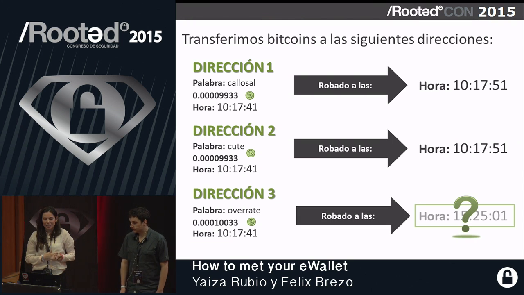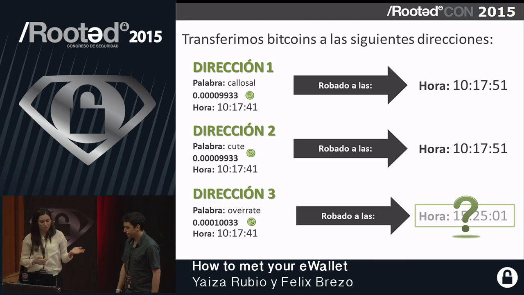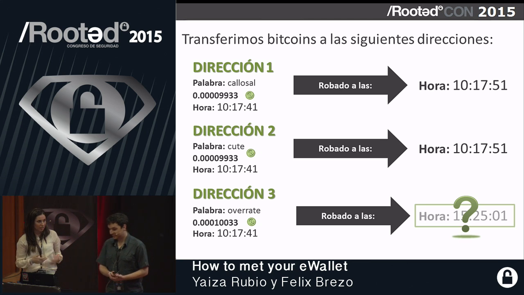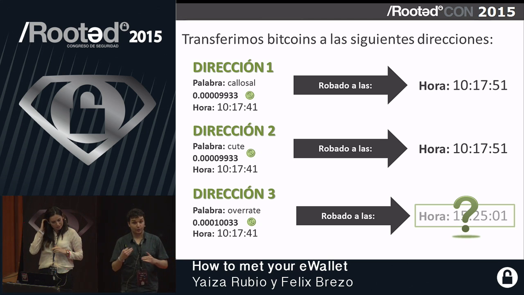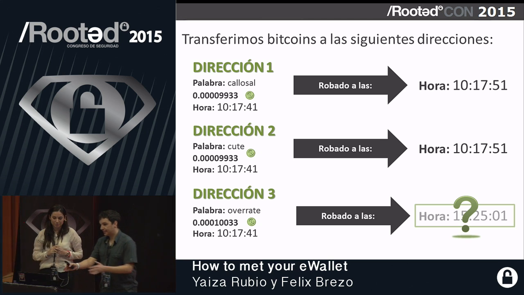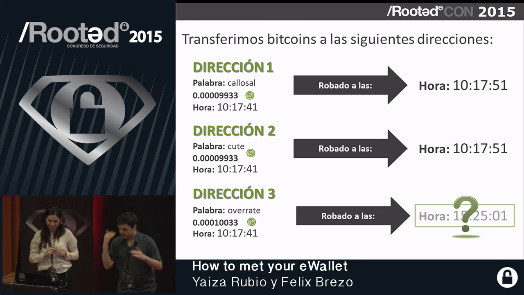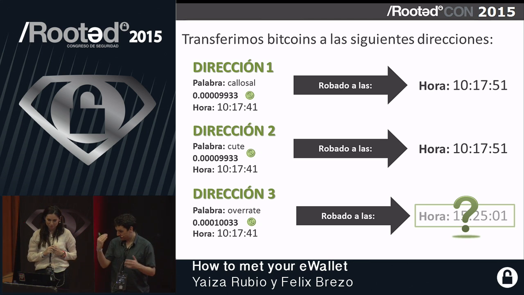Address 3 took us 5 hours. 15 hours, I correct myself, 15 hours for the network to correct everything and transfer our money. These are small amounts of money, but they're waiting for us.